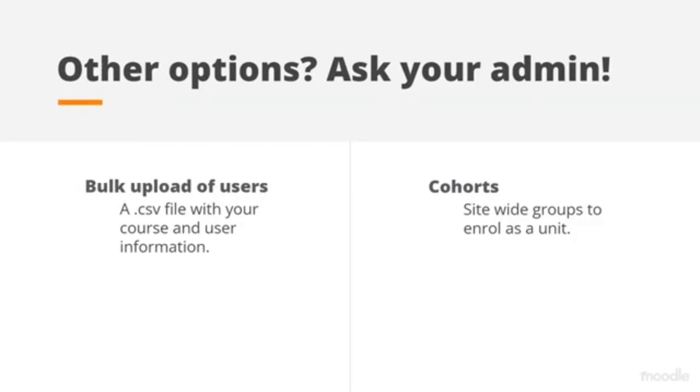Your admin can also do something called cohorts, which are groups of students, which he or she can put into your course for you as a unit. These are the kinds of things that admins do. So feel free to look at our Introduction to Moodle for Administrators webinar if that interests you, or if you are an admin as well as a teacher.